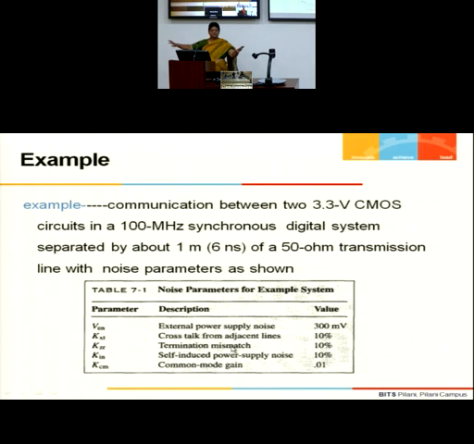Termination mismatch: suppose my terminations are not proper, impedances are not properly matched, I may get another 10% of noise from there. Power supply noise, this is self-induced, when the power supplies are swinging. It is 10%, and common mode gain is very, very small, for the driver design.